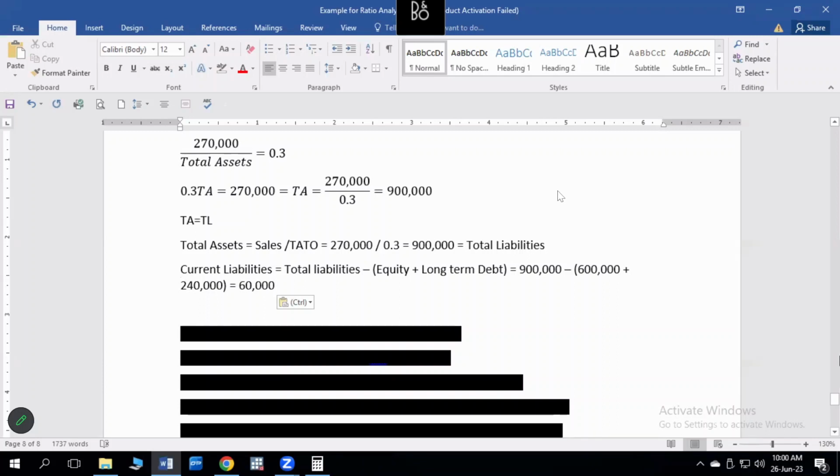You know the total liabilities is 9 lakhs, which consists of the equity plus long term debt and the current liability.